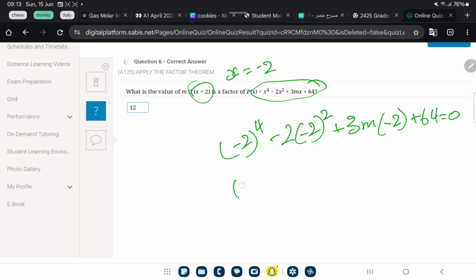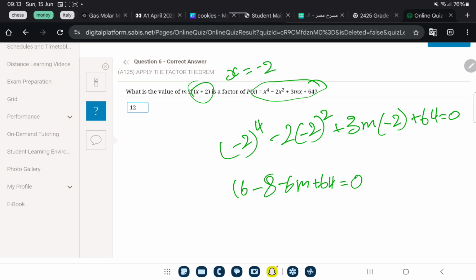So here it is 16 plus 8 plus minus 6m plus 64 equals 0. So put it into your calculator or solve it, whatever you want. Made a mistake, it's minus 8, not just 8.